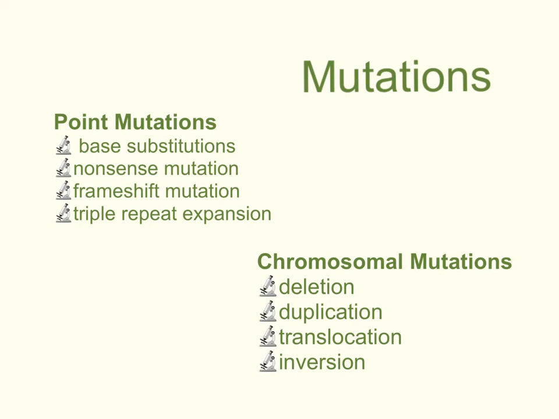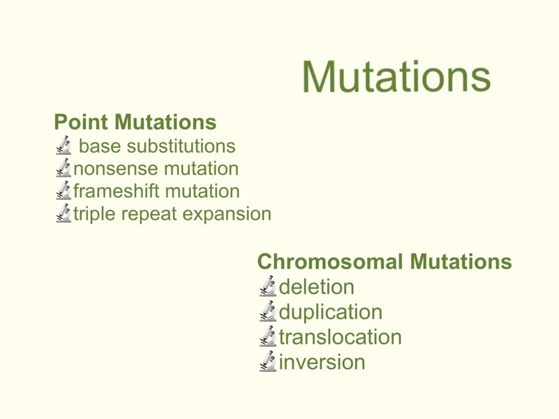Nonsense mutations change the codon to a stop codon, and a frame shift mutation is the addition or deletion that shifts the reading frame. In triple repeat expansion, there is a triplet sequence normally found in DNA that gets expanded. This can be seen in Huntington's disease.